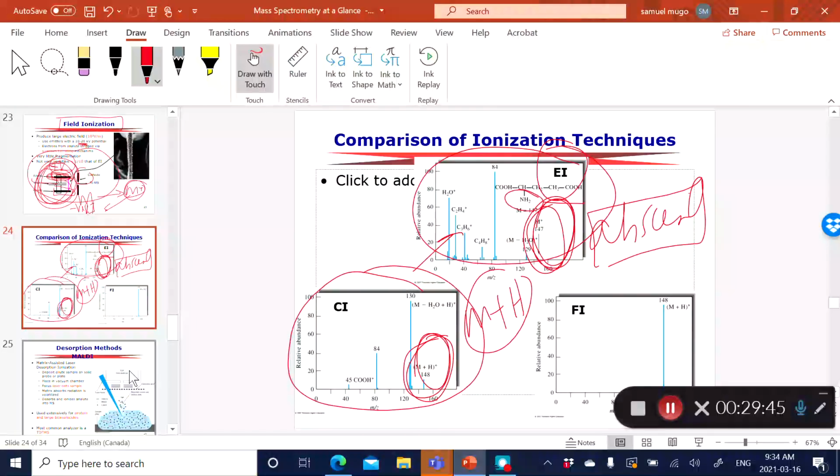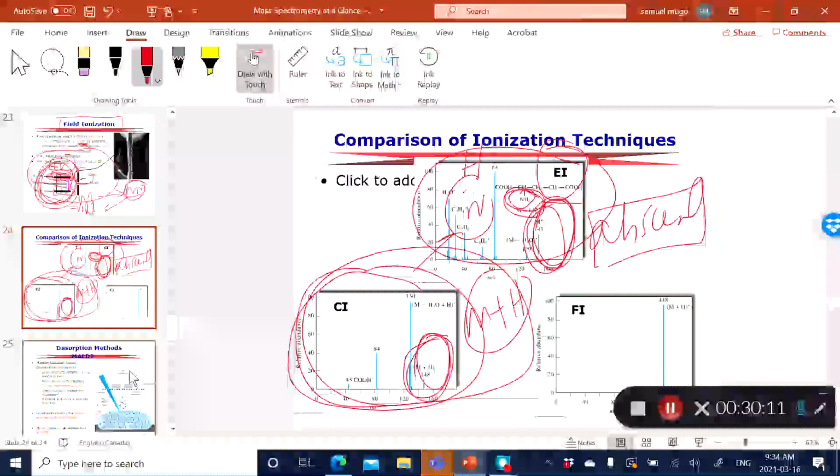Because you've got an amine group here, and amines, of course, have a lone pair of electrons, and the lone pair makes it fairly easy for them to grab a proton from a reagent gas adduct, like I've already explained in the previous slide. So you can see protonation is a method by which ionization is taking place.